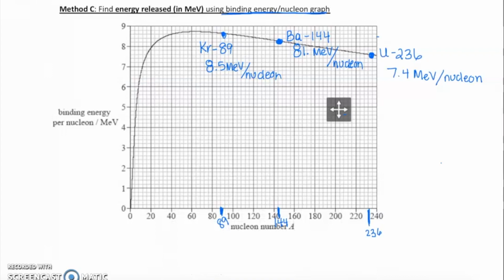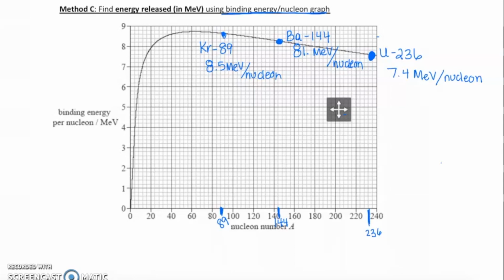So the first thing I've done using my graph is to identify where my reactants and products are actually located on the graph. So I was looking at the x-axis for the nucleon number. Uranium-236 has 236 nucleons. And so looking at that, I can trace that up to the point on this curve and over to estimate, and notice that this is an estimate, 7.4 mega electron volts per nucleon.